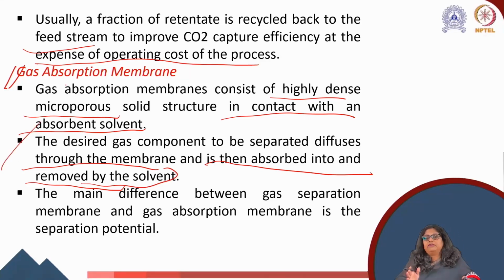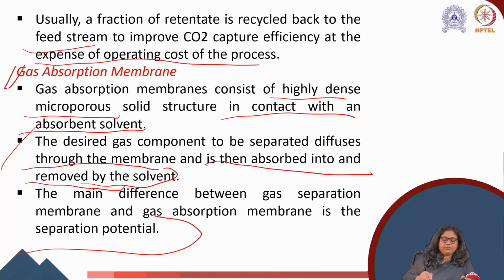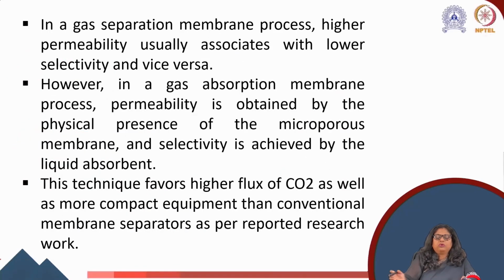The main difference between gas separation and gas absorption membrane is the separation potential. In the gas separation membrane process, higher permeability is usually associated with lower selectivity and vice versa.